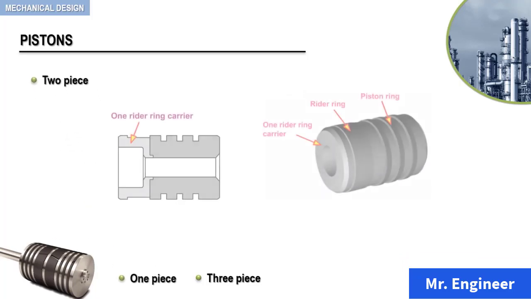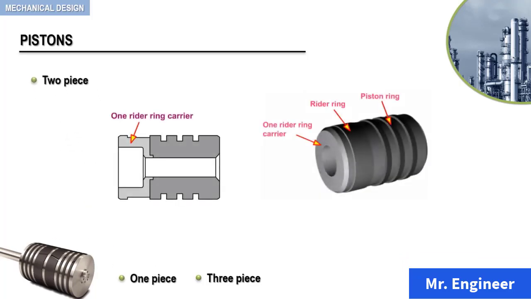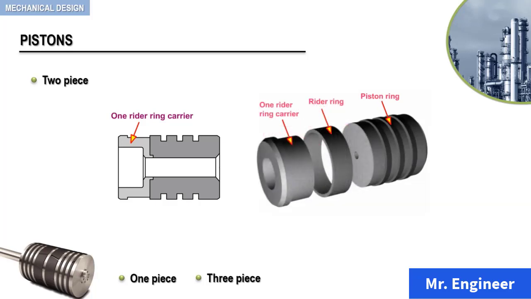For the two-piece pistons, these are used for bore diameters above 250 mm. Aluminum or cast iron is used, which is split for ease of hollow casting and weight control as depicted here. Notice that this type has a single rider ring carrier. This will be explained in detail further ahead.